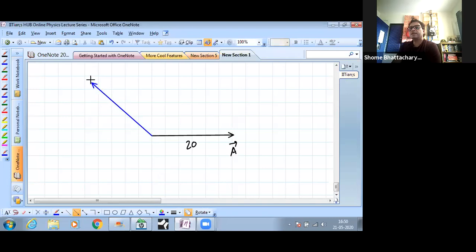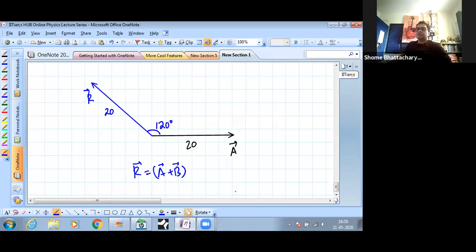That is also magnitude 20. This is the resultant of E plus B, and that is not only of magnitude 20, but this angle is 120 degrees.